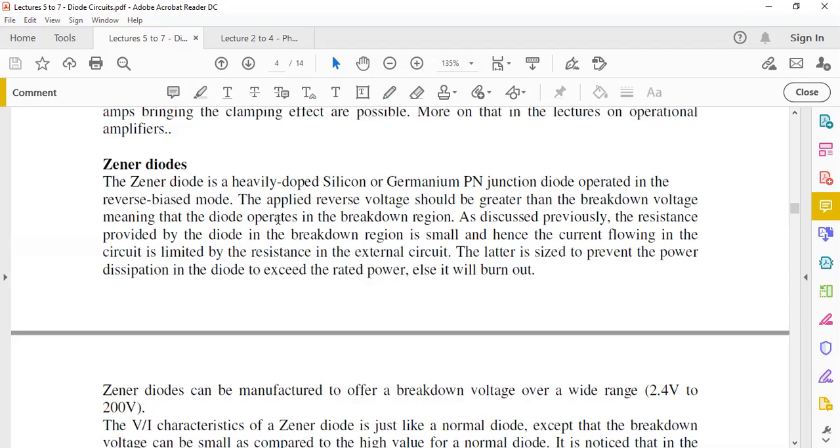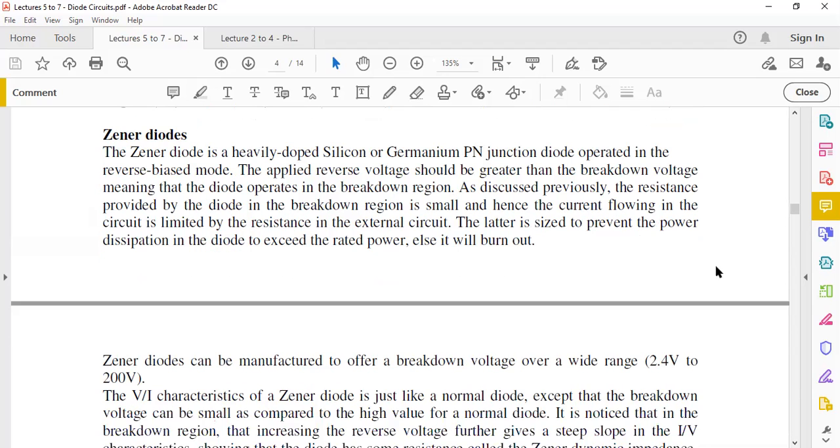Being heavily doped, your depletion region would be very small, and then you have a very large electric field created, because electric field is always V over D. So when the separation between your plates is very small, you get a very strong electric field. This is the mechanism causing this inrushing current.